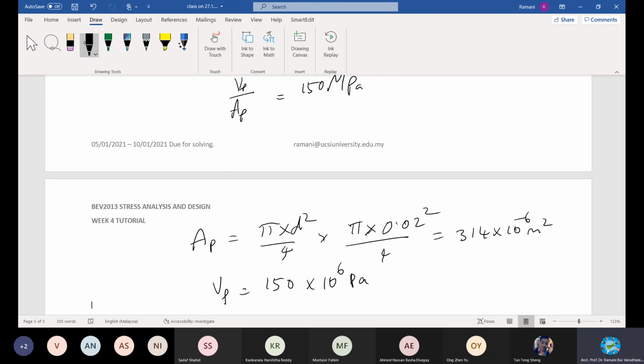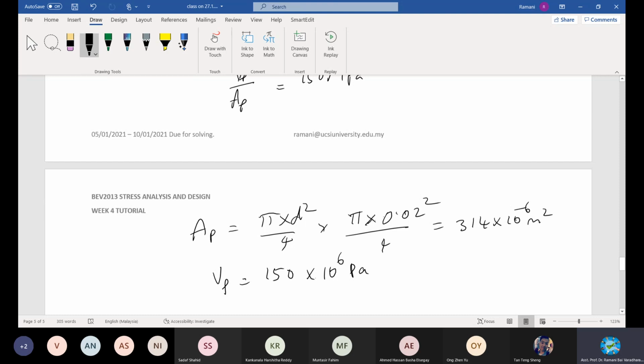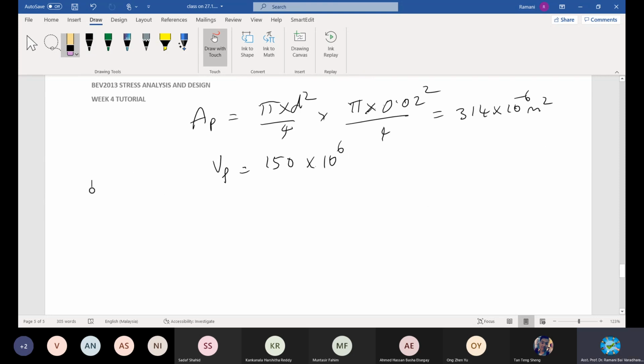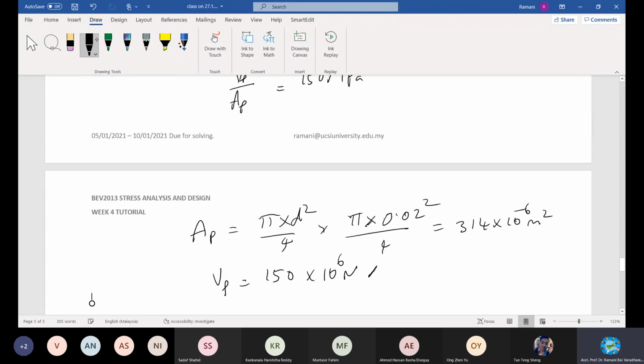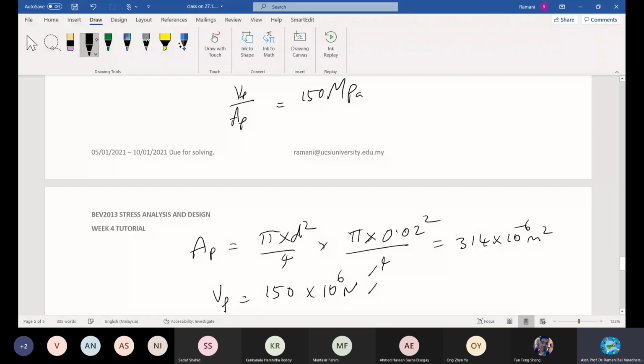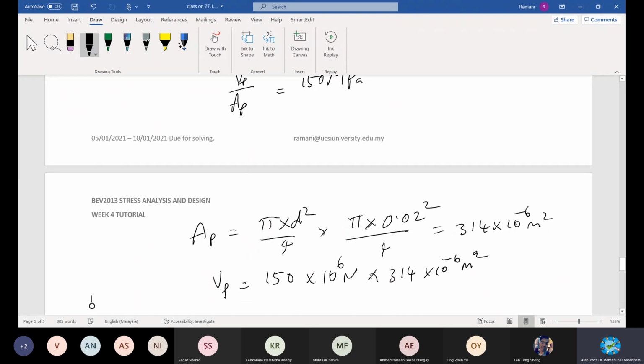Newtons or pascals, both are the same, don't worry about it. 150 times 10 power 6 times AP, AP is 314 into 10 power minus 6 meter square. Get me the answer, please.